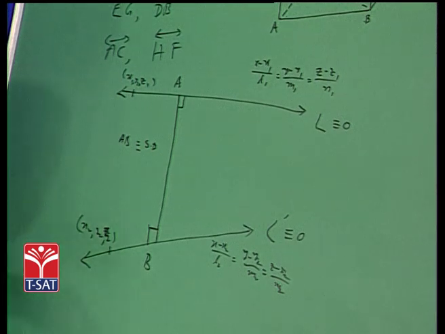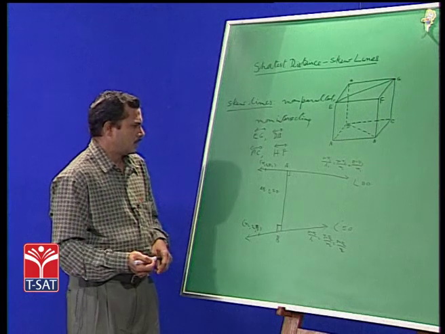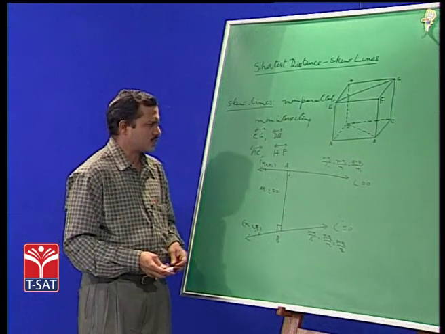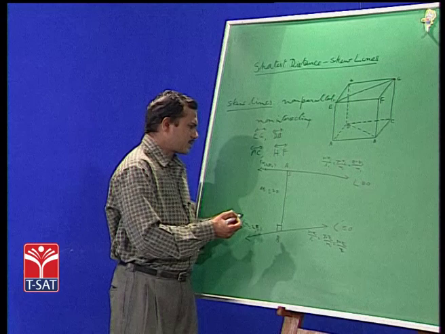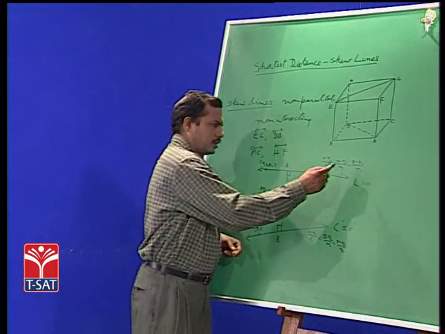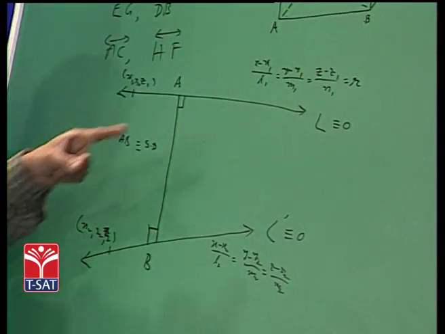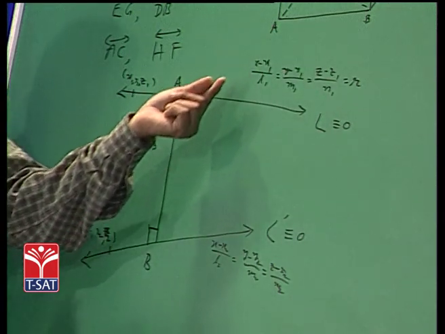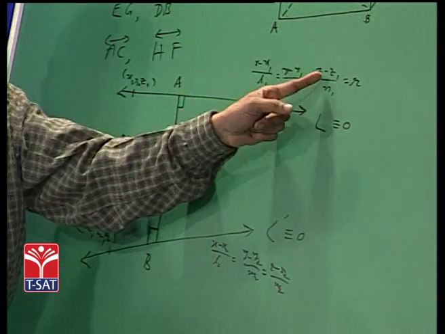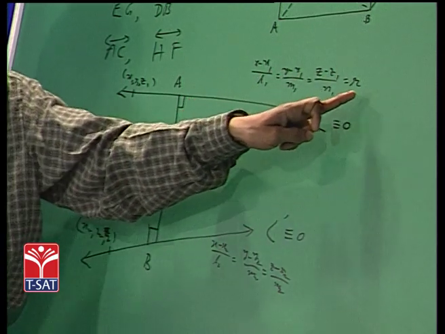Now, whenever we are given two lines, we can find out the length of this shortest distance. To do this, we may proceed as follows. Any general point on this line 1 can be obtained by taking these fractions equal to small r, and then from here we can calculate the values of the coordinates x, y, z in terms of x1, y1, z1, l1, m1, n1 and r.